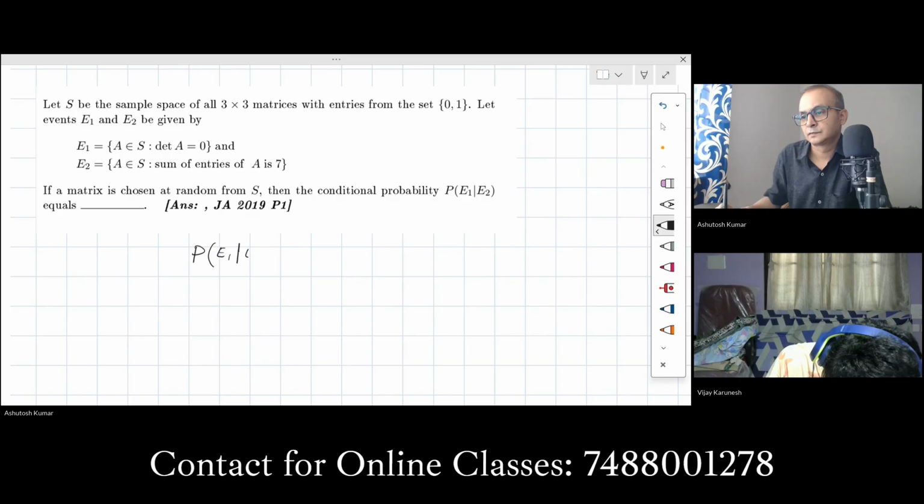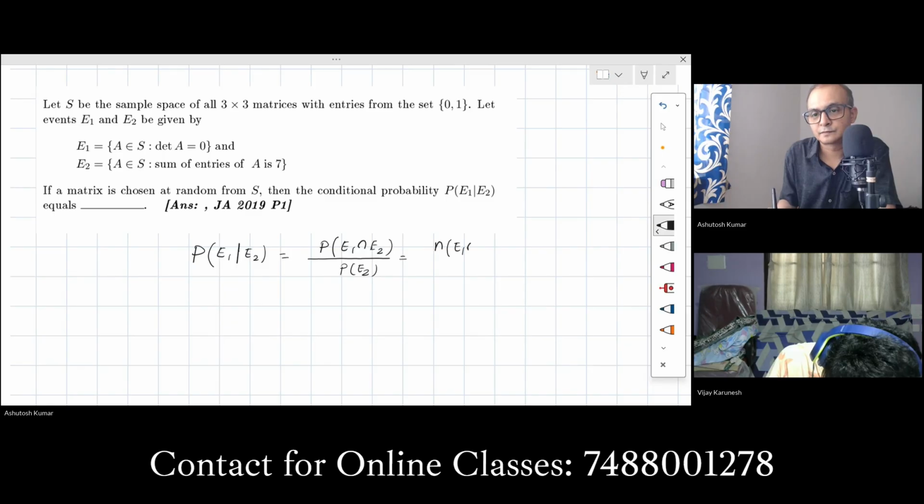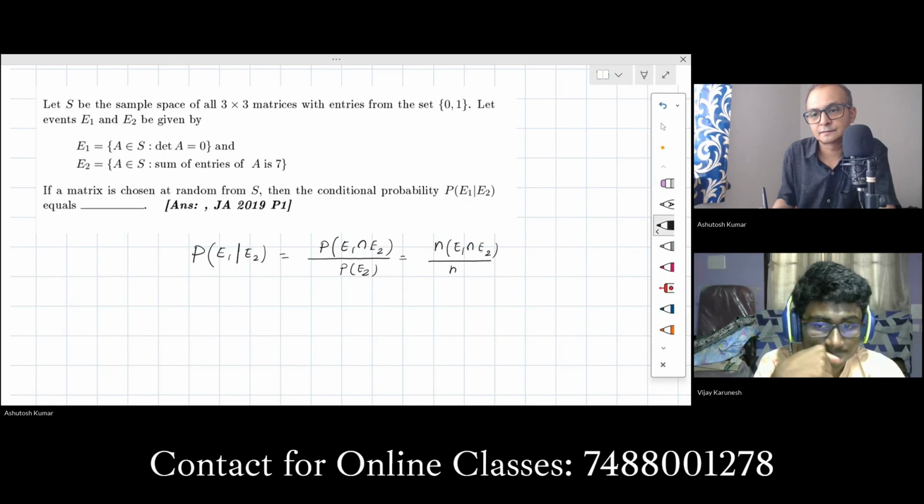E1 given E2 means the probability of E1 intersection E2 divided by the probability of E2. Because we are only relying on the counting of such matrices, we can also take the lighter version of it: N of E1 intersection E2 by N of E2.